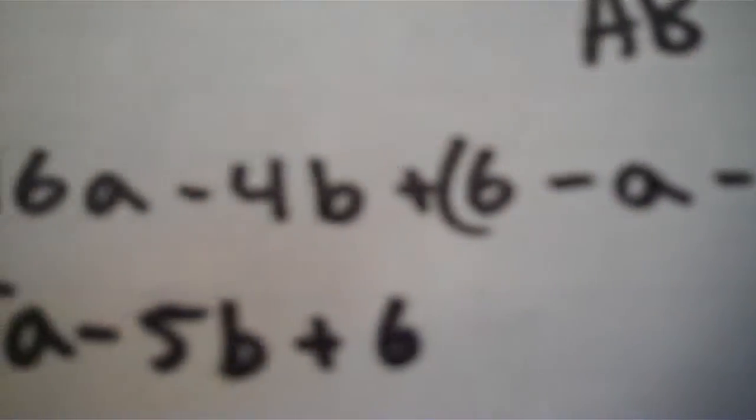So we get 11 equals 16a minus 4b plus c, or 6 minus a minus b. Then after simplifying that, we get 11 equals 15a minus 5b plus 6. But we know what that b is: b equals 11 minus 3a. So we can substitute that into our last equation, which gives us 11 equals 15a minus 5 times the quantity 11 minus 3a, plus 6.